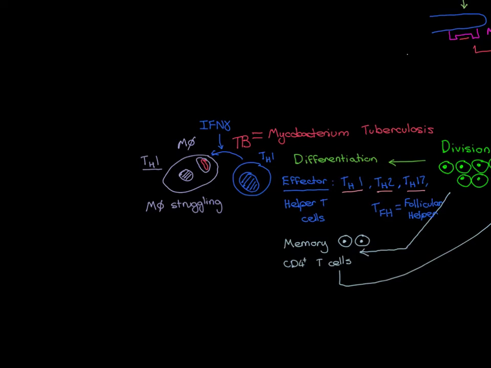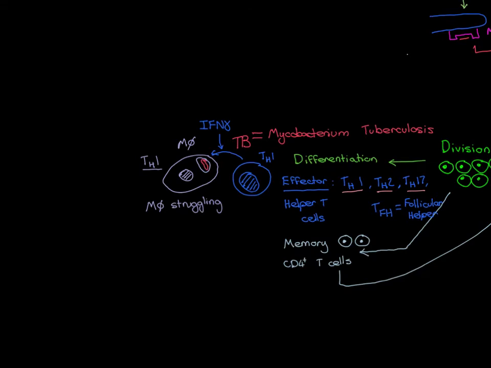Okay, so when macrophages are struggling to destroy a pathogen, that is when you get your effector helper T cells to differentiate into T helper 1 cells, because they can not only help with the B cell response, but they'll also go into the bloodstream, go to the site where the inflammation is present, and they can go and help the struggling macrophages, give them permission to use brutal methods using the interferon gamma.